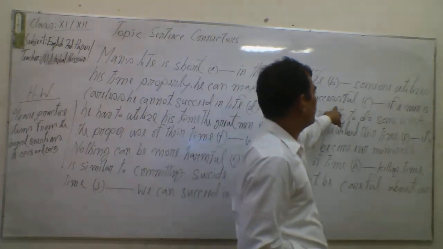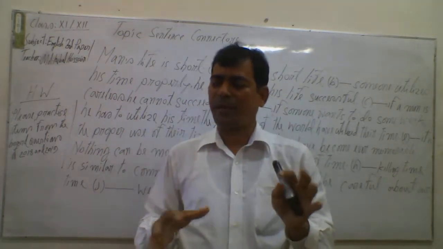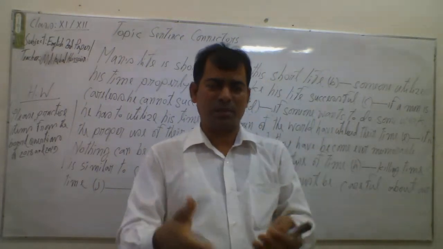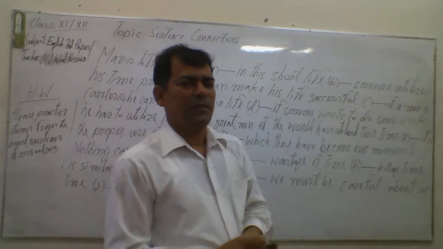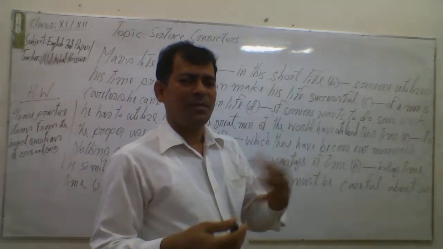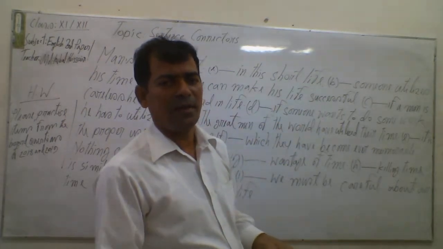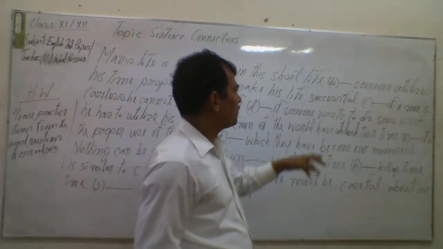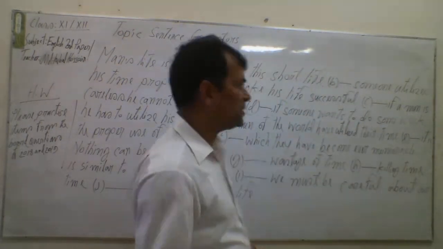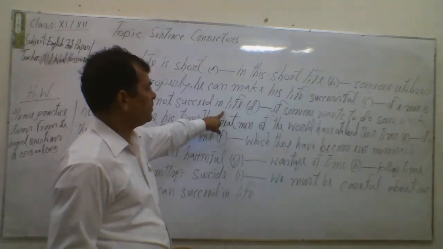So, when we compare two things, there is contrast between two facts. We use some connectors like but, yet, still, on the other hand, like that. So we can use here: On the other hand, if a man is careless, he cannot succeed in life.